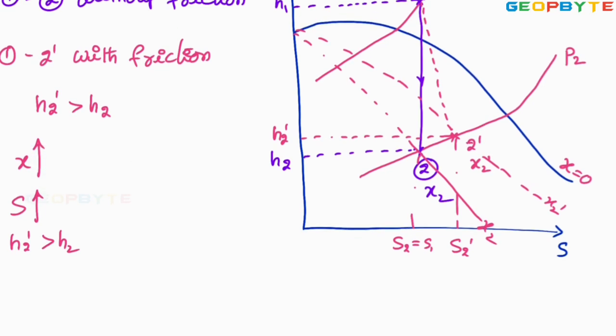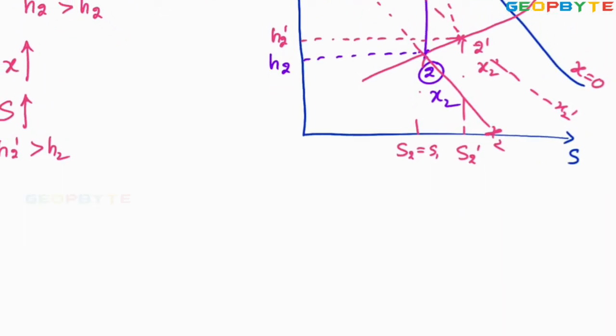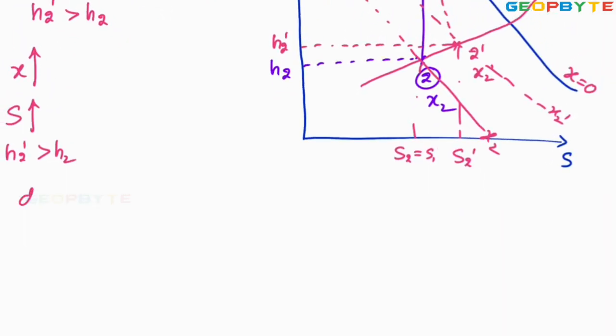And the velocity: the ideal enthalpy drop is dH equal to H1 minus H2. Then the exit velocity V2 equals 44.72 into root under H1 minus H2.